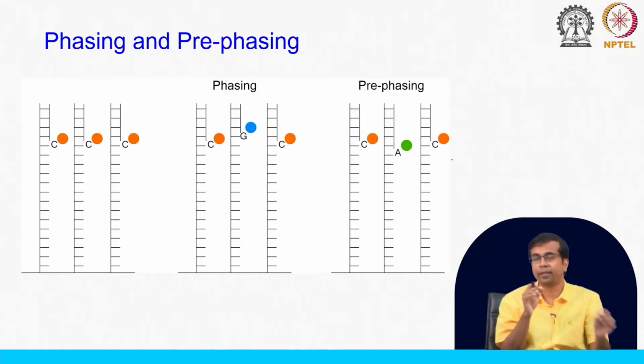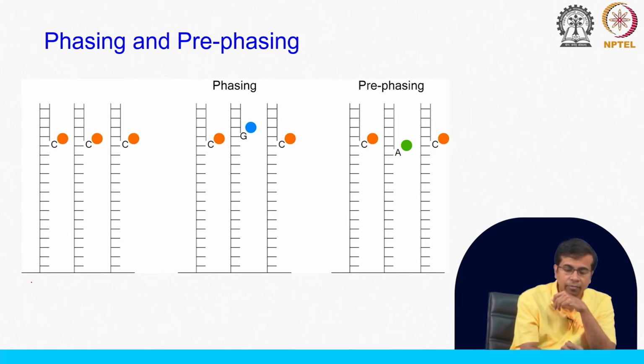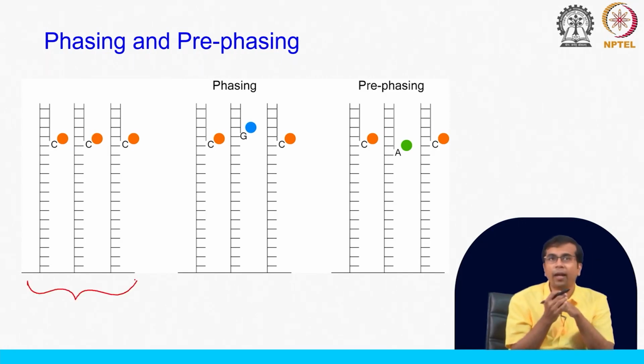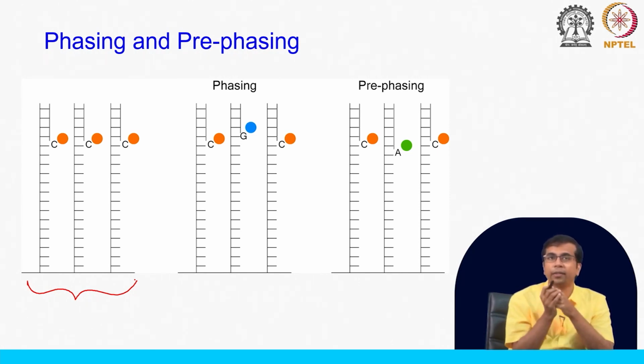Let us look at this schematic. As I mentioned, in one cluster you have these DNA molecules from the same clone, being sequenced, and the signal should be identical. They will have the same pattern of nucleotides. Now, sometimes some of these nucleotides are not clipped properly, so they stay back.